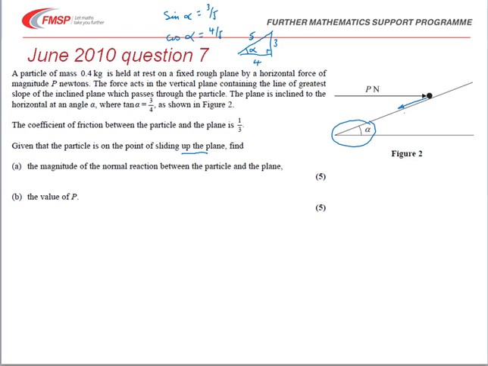So that means that F here is at its maximum value, equal to mu R. The weight of the object is its mass, 0.4 multiplied by g newtons, and then we have a normal reaction which is acting at right angles to the plane.